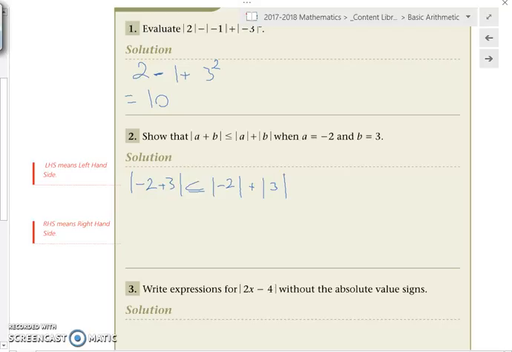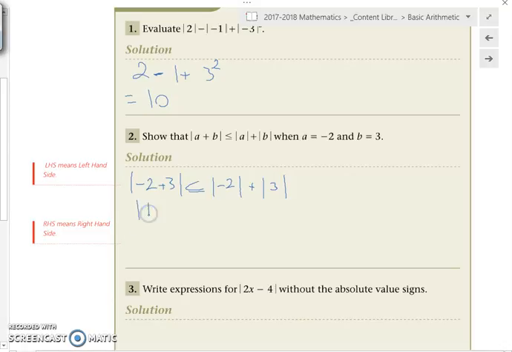So you substitute it in, you've now got numbers in there, it's pretty easy. But like I said, do the stuff in the absolute values first. Evaluate that first. So -2 plus 3 is?